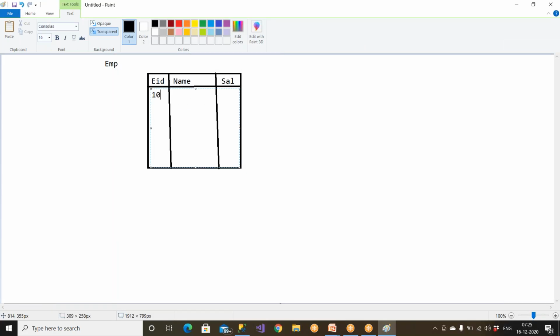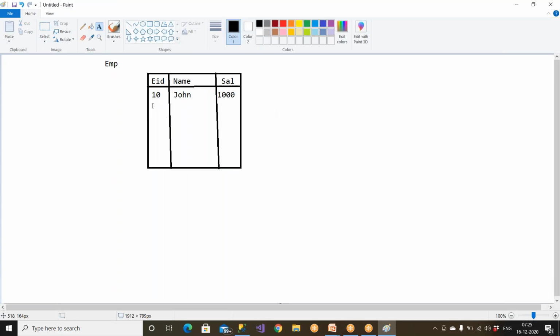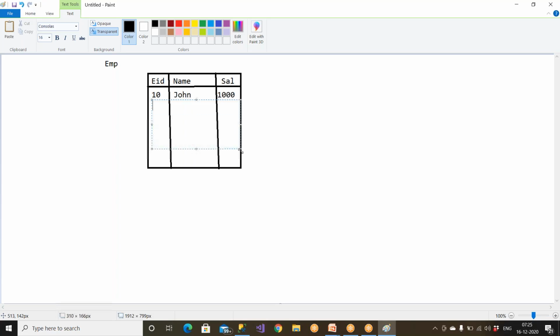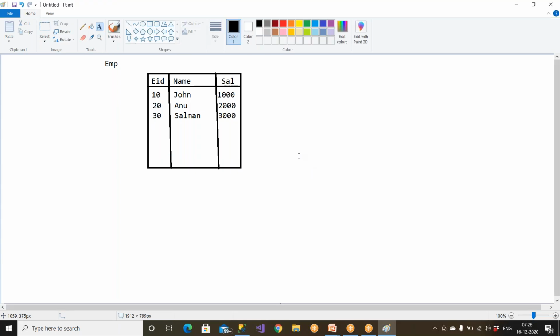So employee number 10, let us say John, salary is 1,000. Then we have the next employee, let us say Anu, salary is 2,000. Then the next employee, let us say Salman, salary is 3,000. Like that, we have a lot of data, right?